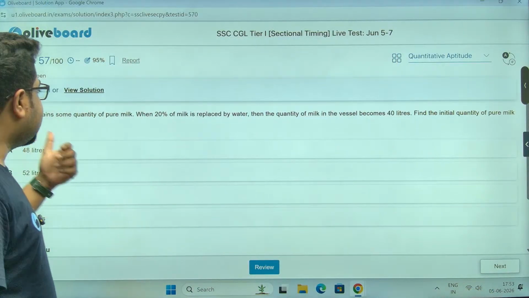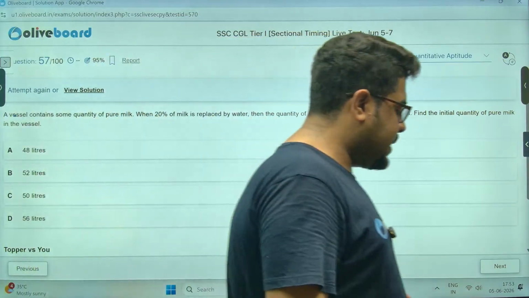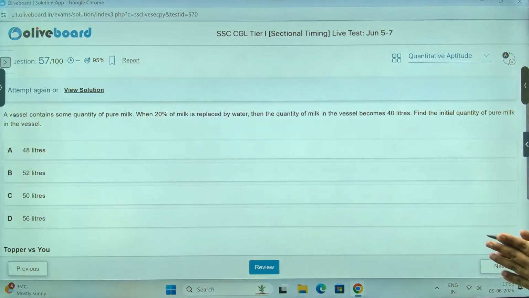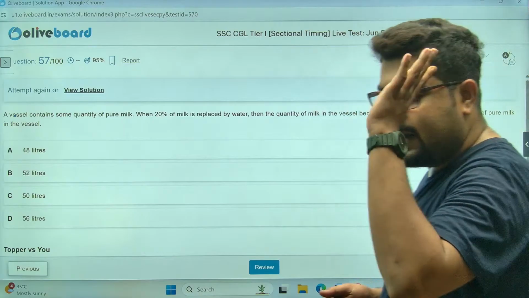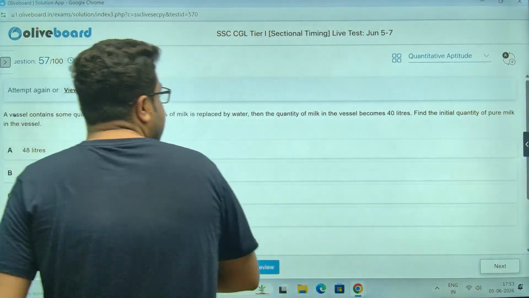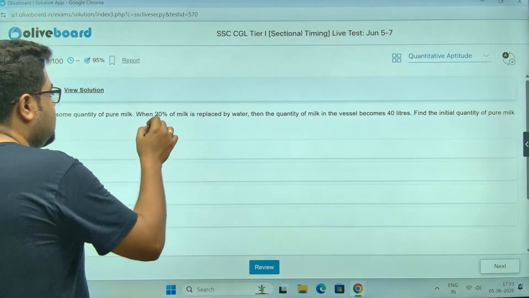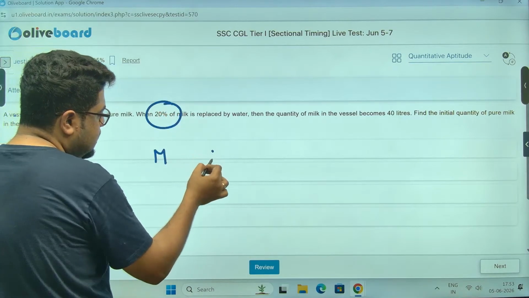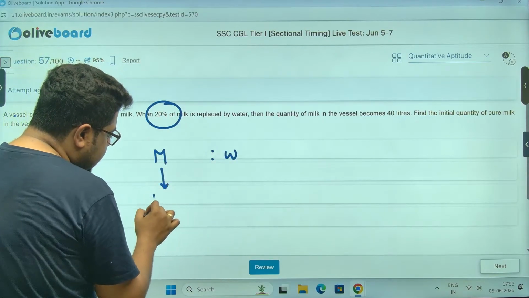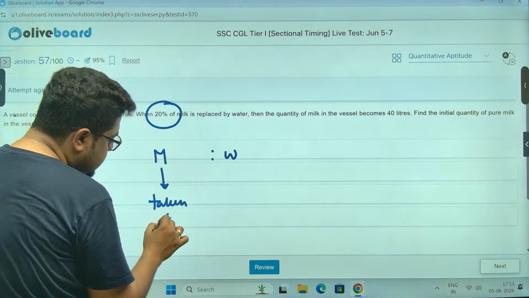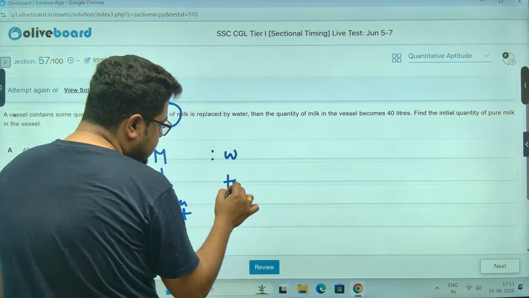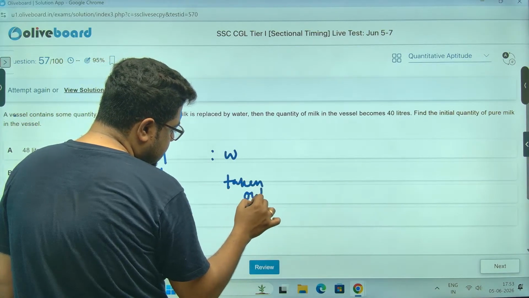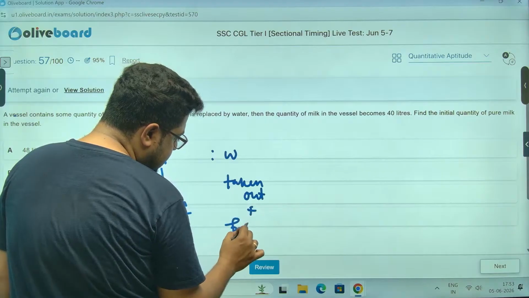Acha, a vessel contains some quantity of pure milk. 20% is replaced by water, then the quantity becomes something. Again, a very interesting thing because they are asking the initial quantity. Sir, milk was taken out and water was put back in.